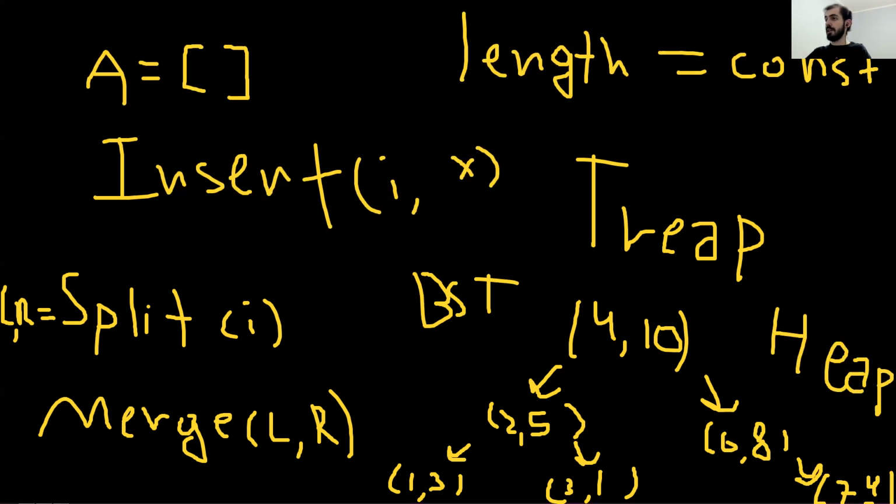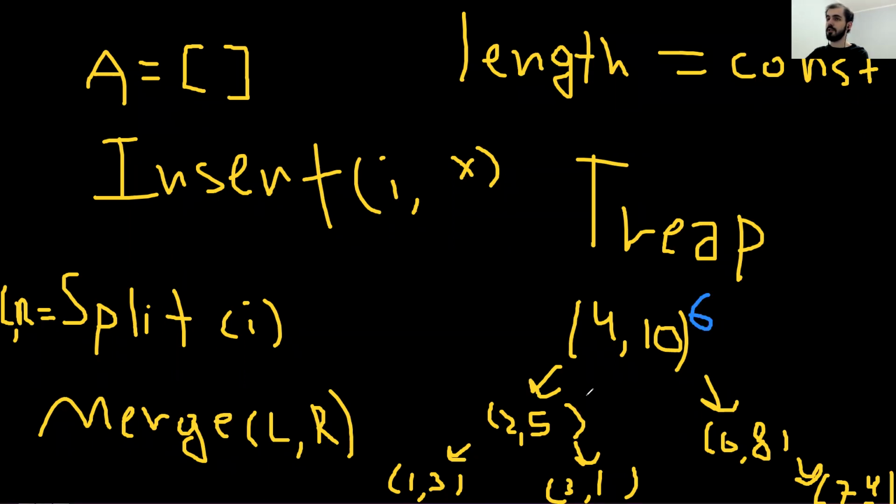And because of that, it can do amazing things. One of the things it can do is split based on some index. If you store the subtree size at each node, for example, here it's 1, 3, 6, 1.